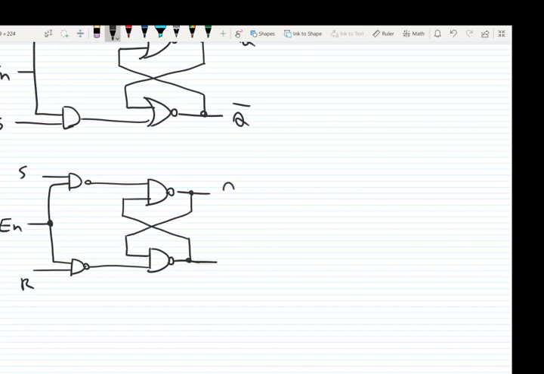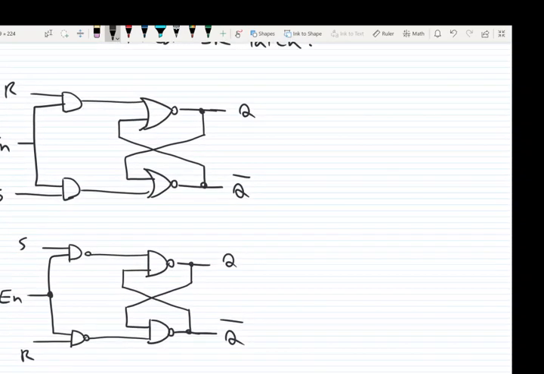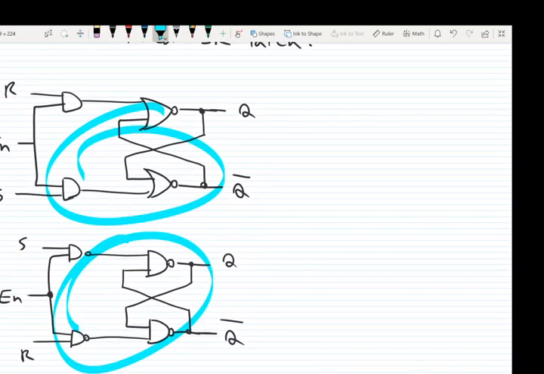Okay, Q and Q bar. Both are exactly the same. This one is the same as this one.